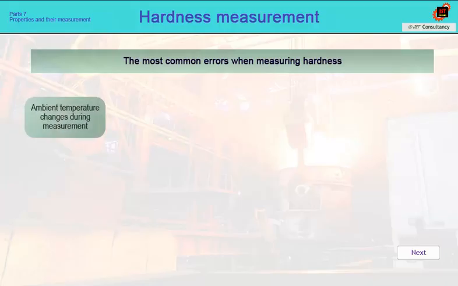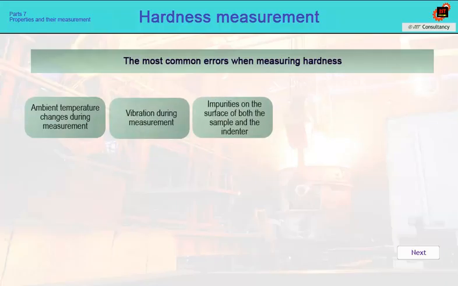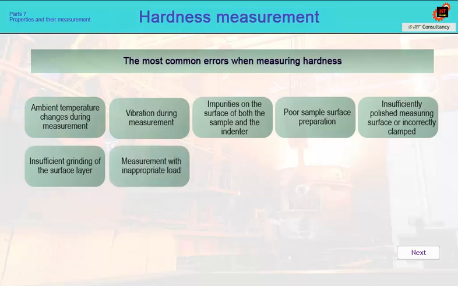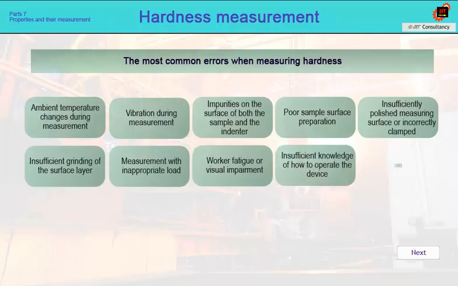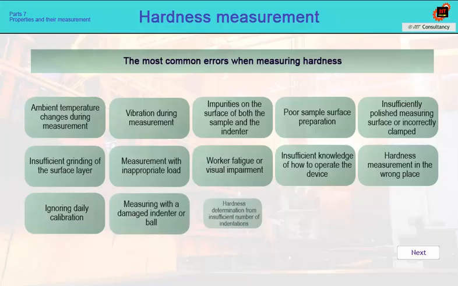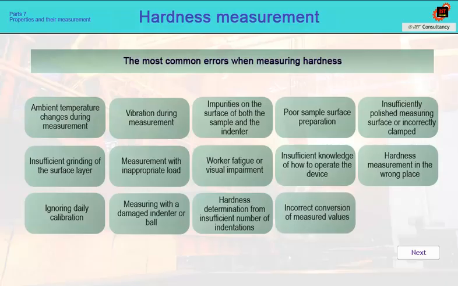Ambient temperature changes during measurement, vibration during measurement, impurities on the surface of both the sample and the indenter, poor sample surface preparation, insufficiently polished measuring surface or incorrectly clamped, insufficient grinding of the surface layer, measurement with inappropriate load, worker fatigue or visual impairment, insufficient knowledge of how to operate the device, hardness measurement in the wrong place, ignoring daily calibration, measuring with a damaged indenter or ball, hardness determination from insufficient number of indentations, incorrect conversion of measured values, or missing records. Do you also think that there are a lot of errors?